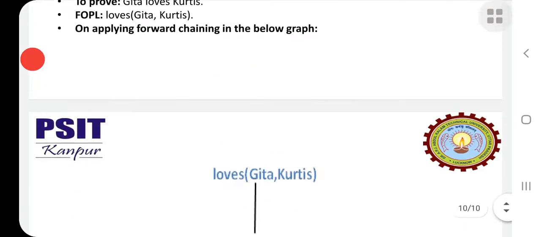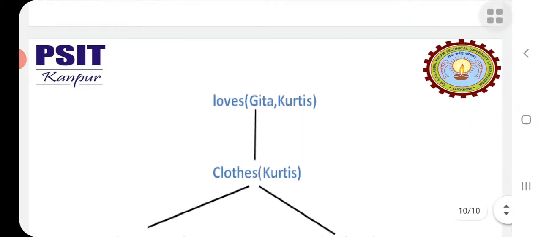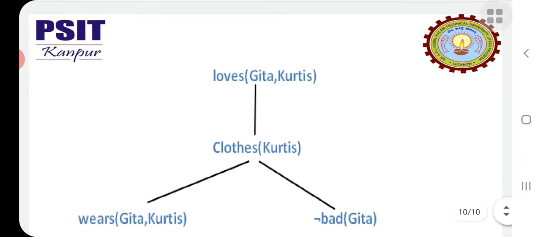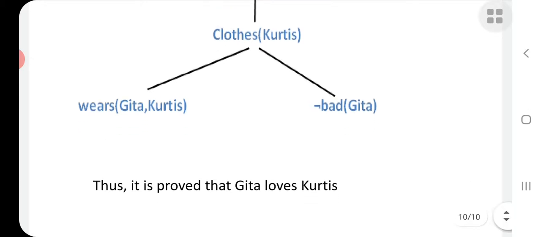With the help of this graph you can understand that loves(Geeta, kurti) means clothes(kurti), and clothes(kurti) can be further divided into wears and negation of bad(Geeta). So hence you can say Geeta loves kurti.